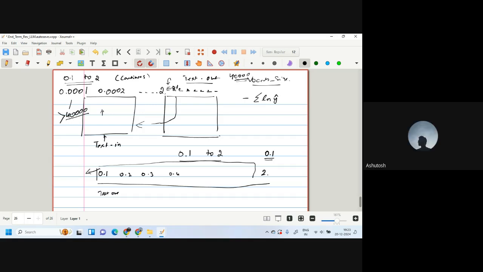Now if I'm using it for continuous values and I want a precision of, for example, 0.0001, then from 0.0001 to 2 the values will be more than 40,000. It means I cannot have this objective function here. Okay, understood? Good, thank you.